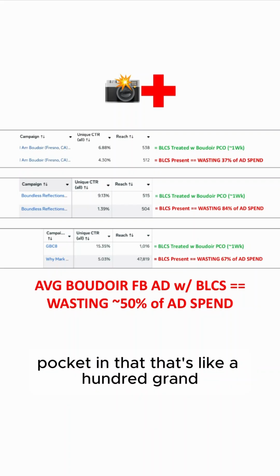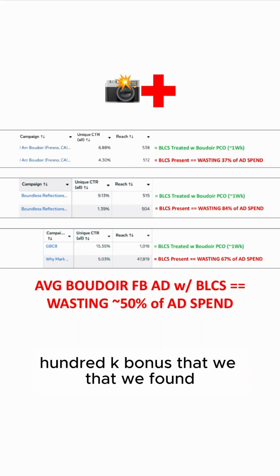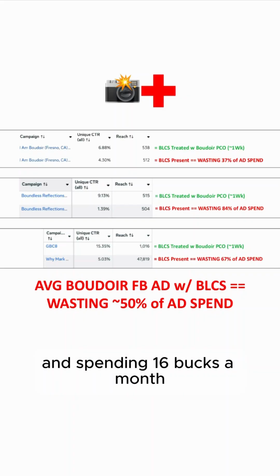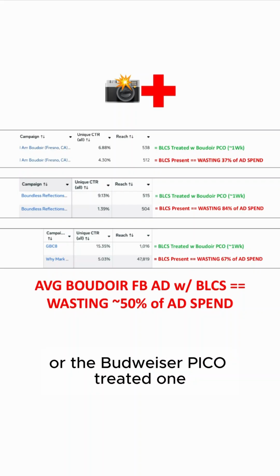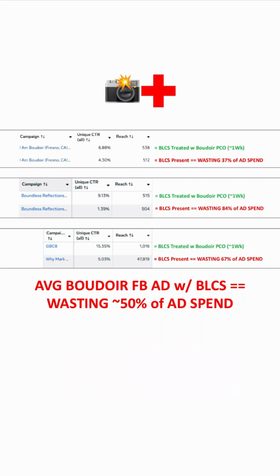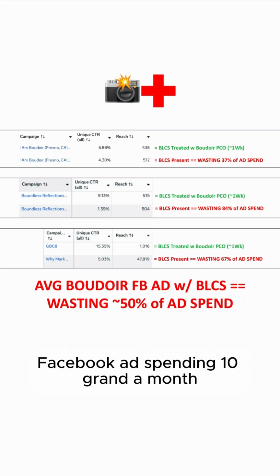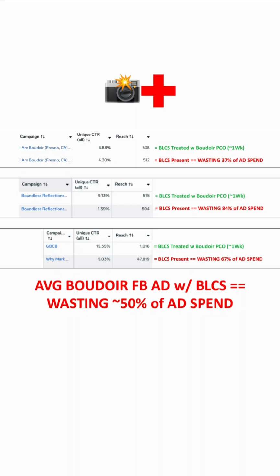That's like a 100K bonus that we found by not wasting that money and spending $1,600 a month with the new Boudoir Pico treated ad. We're getting our ad into the same number of women's brains as the original Boudoir Facebook ad spending 10 grand a month.